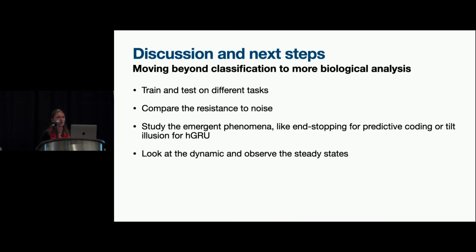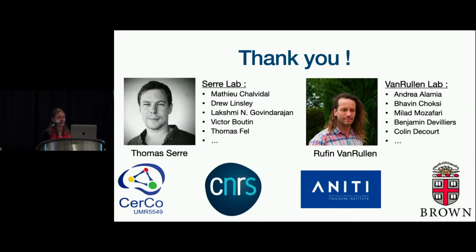And finally, we are trying to model accurately the dynamic, so we could really take a look at the dynamic, try to see, for example, in predictive coding, how the prediction error is decreased with time, or to look at the interaction between inhibition and excitation in HGRU. So yeah, there are many directions that we could take. I can't mention all of them. And yeah, to conclude, I would like to thank both my supervisors, Ruffin and Thomas, also Mathieu for introducing me to neural ODEs, and all of the collaborators in both labs. And thank you for your attention.